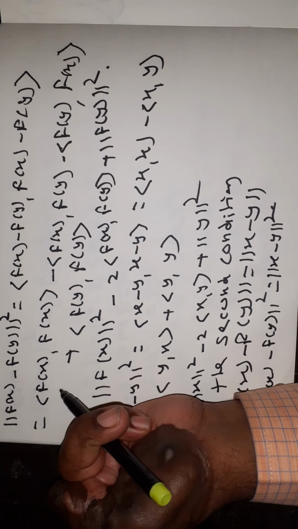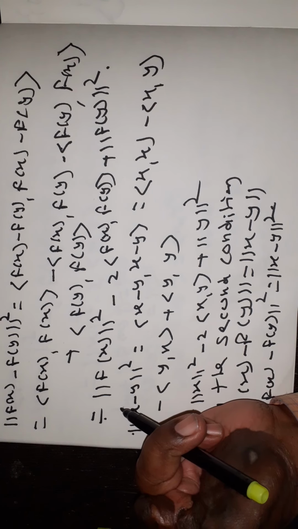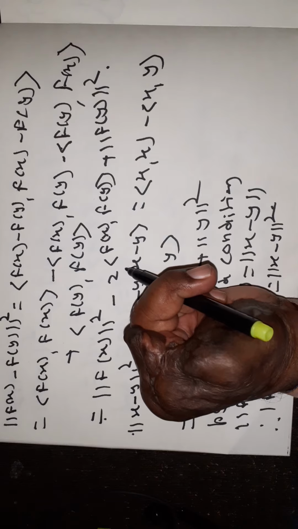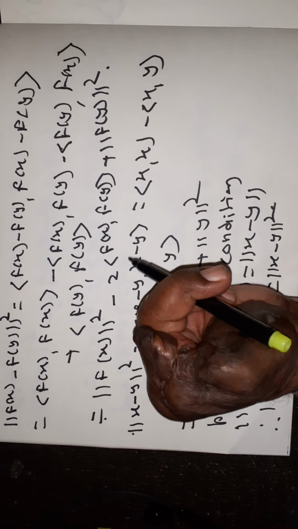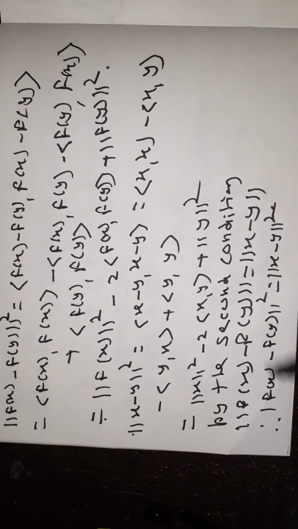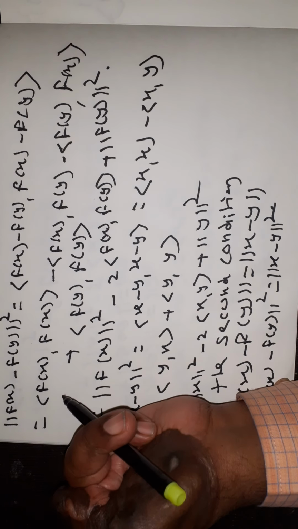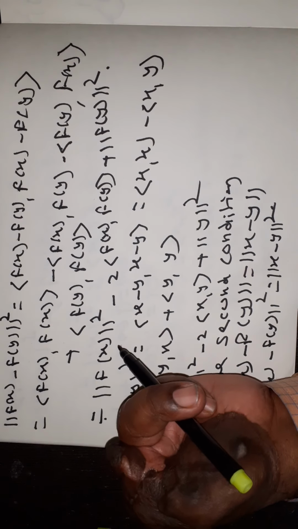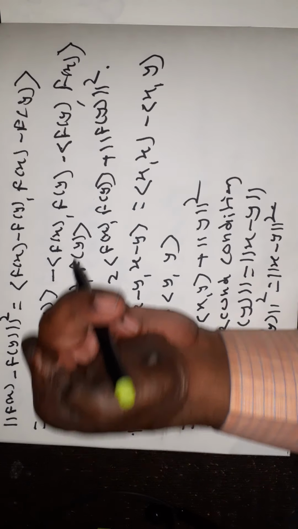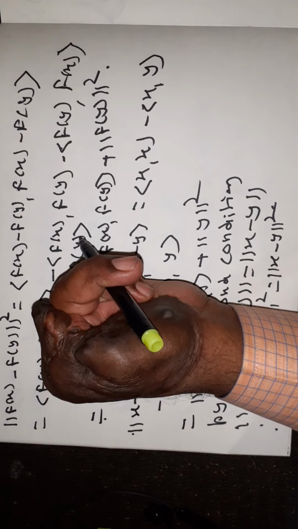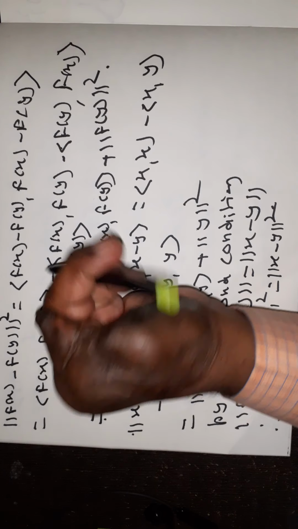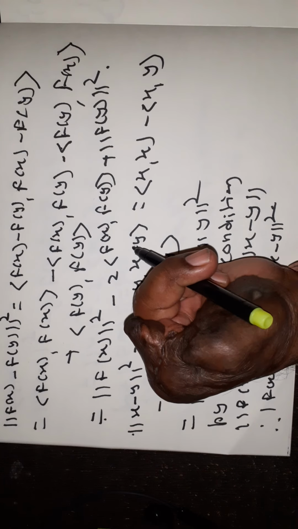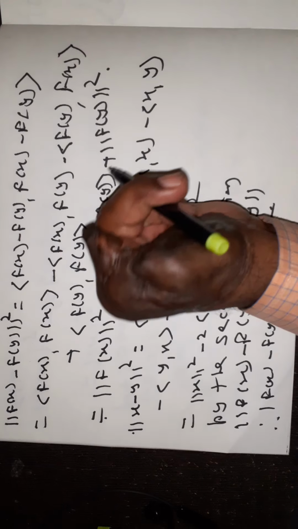Now angle bracket f(x), f(x) is equal to norm of f(x) squared, and angle bracket f(x), f(y) is the same as angle bracket f(y), f(x).